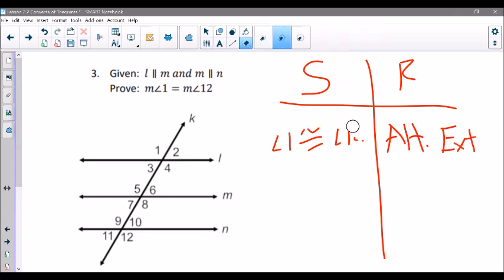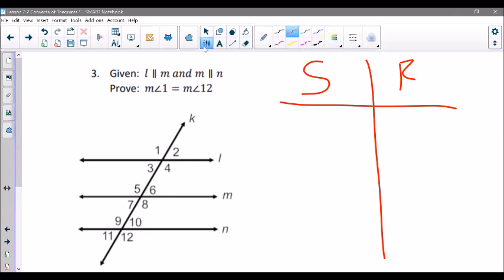But we couldn't do that yet because looking at this picture, we only know that those two lines are parallel and these two lines are parallel. What we needed to do is establish another step. Before that, we needed to say line L is parallel to line N.